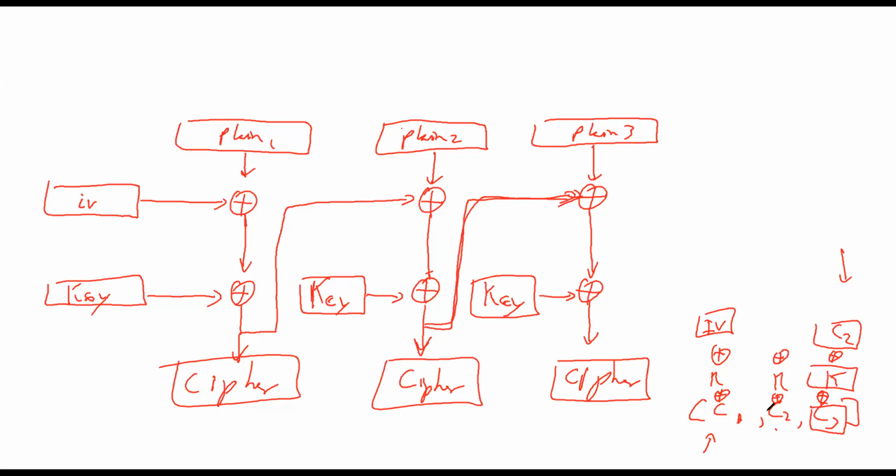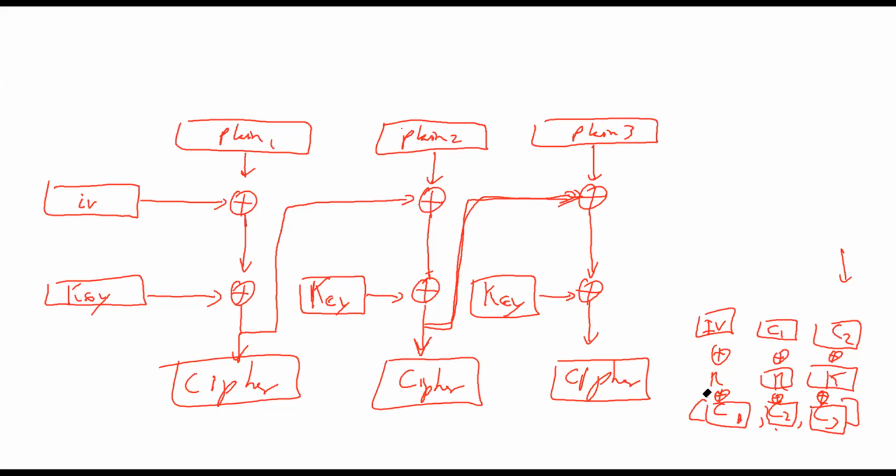All right, so for C2, let's see if it checks out. C2, I have the key. What is the IV of C2? C1. And then for the last one, I have C1, this one. I have the key, no problem there. And the only thing I need is the IV, and I actually have that as well. Do you guys see that?